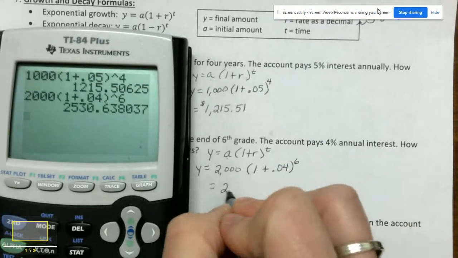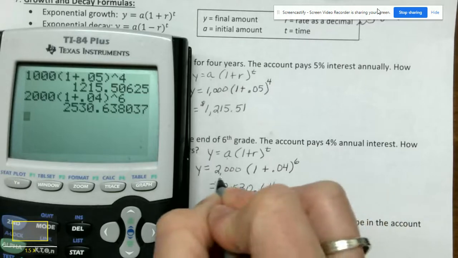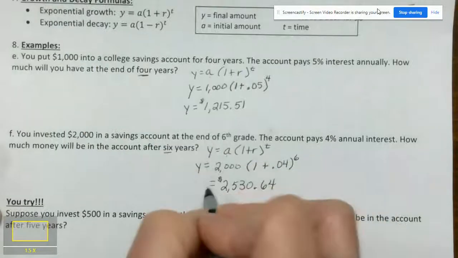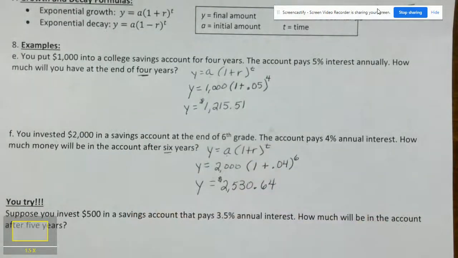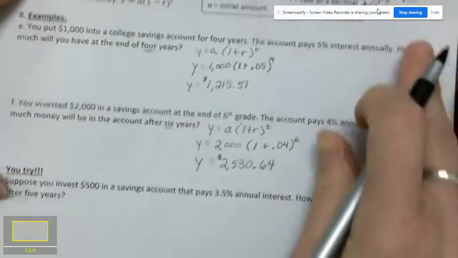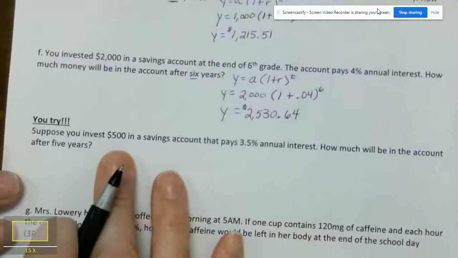Okay, that gives us $2,530.64 because it's 638, so we're going to round to 64 cents. So we get y equals $2,530.64. Okay, pause the video here and try this next example, and then come back and I'll work it.